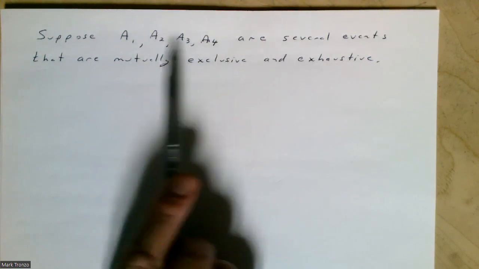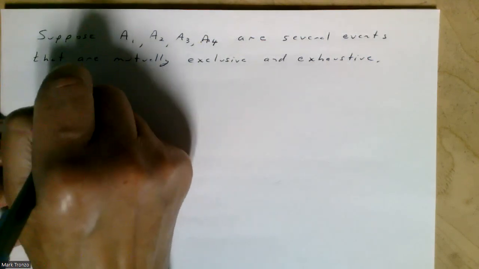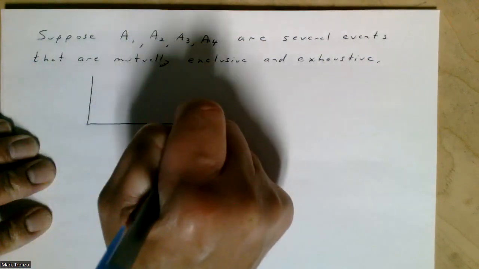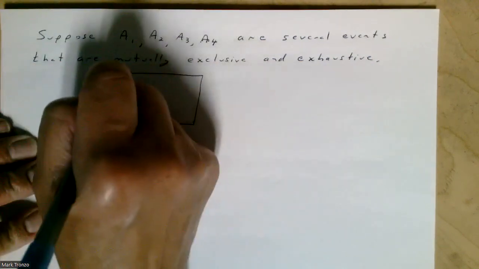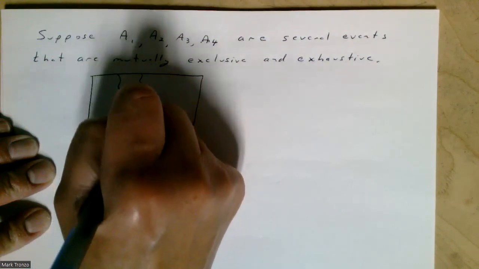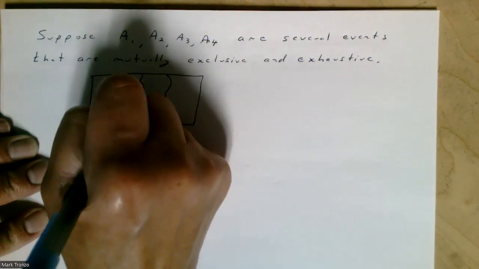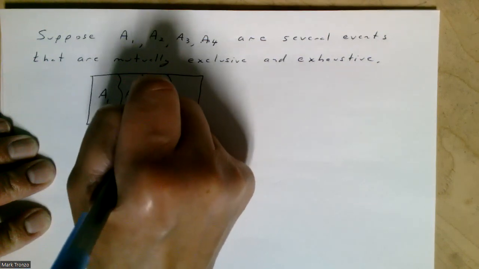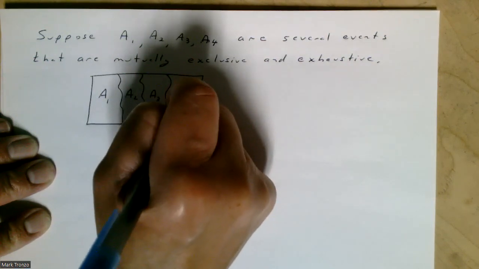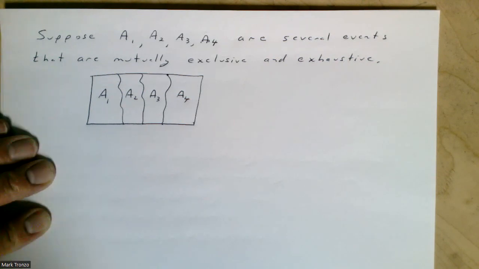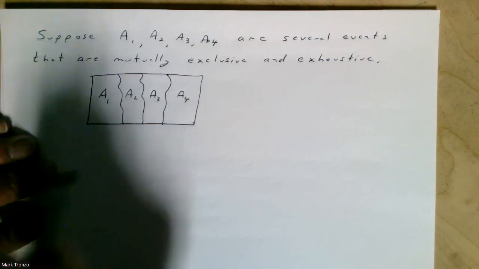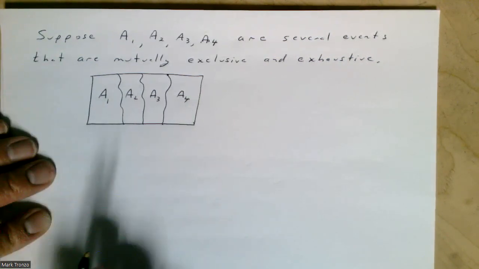There's nothing missing here. So if you broke your set down, and let's say you had A1, A2, A3, A4, like this, again you would have all the events covered.